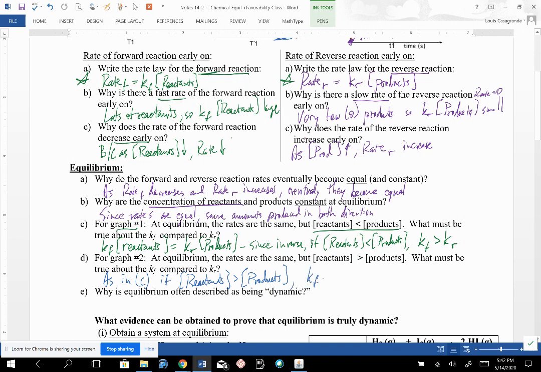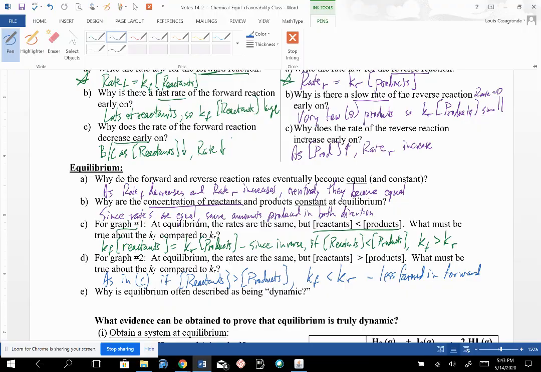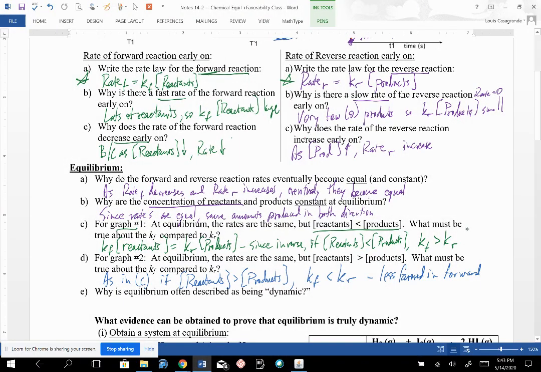Then the K in the forward direction must be less than the K in the reverse direction. And so we have less favored in the forward direction, whereas for C, we were less favored in the reverse direction, or more favored in the forward direction.